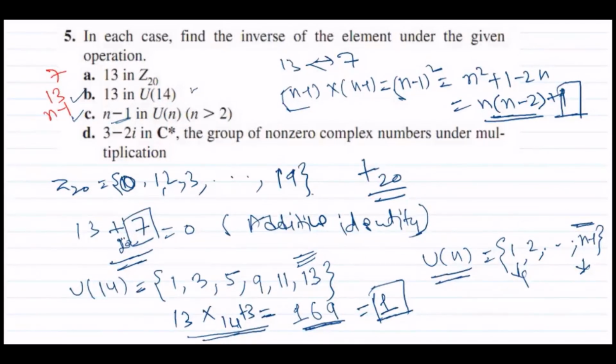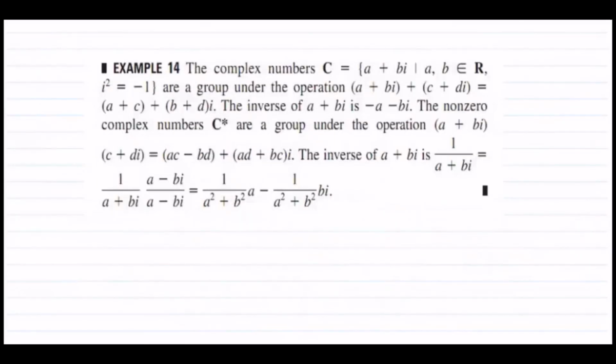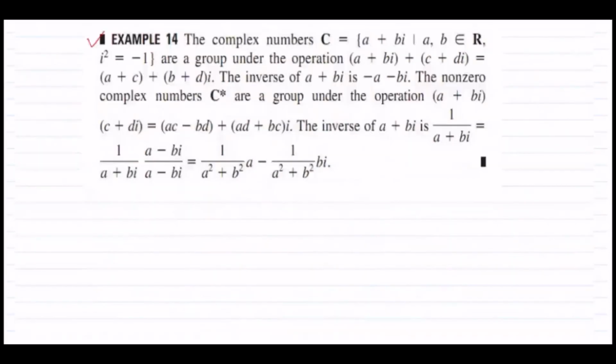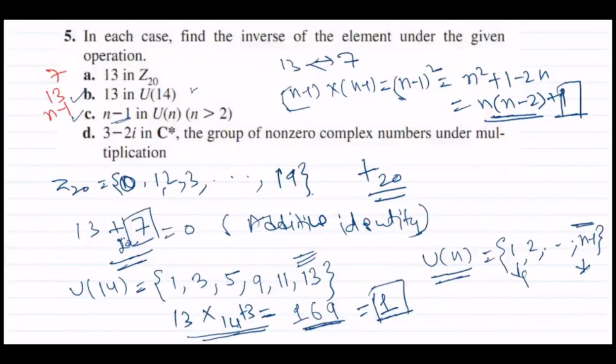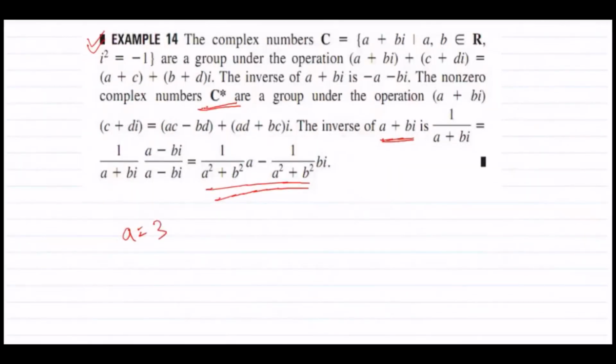Now the next question, 3 minus 2i in complex numbers. For this one, we can refer to example number 14 of your book. For a non-zero complex number, the inverse of an element a plus bi is given by this formula. So just put a equals 3 and b equals negative 2.